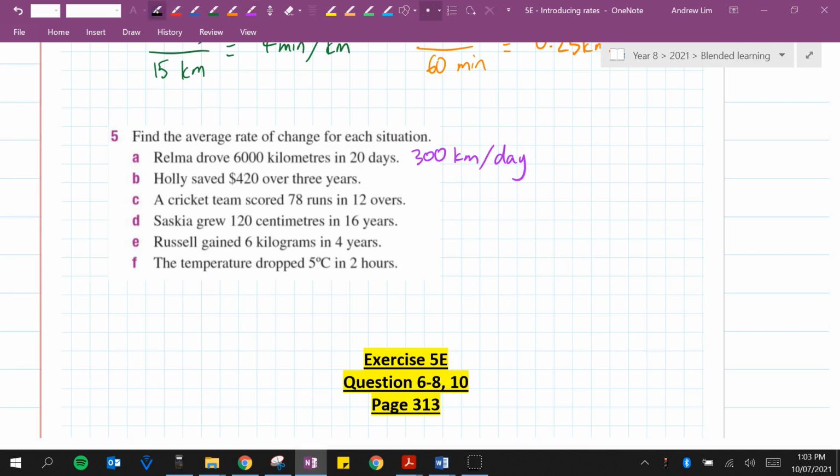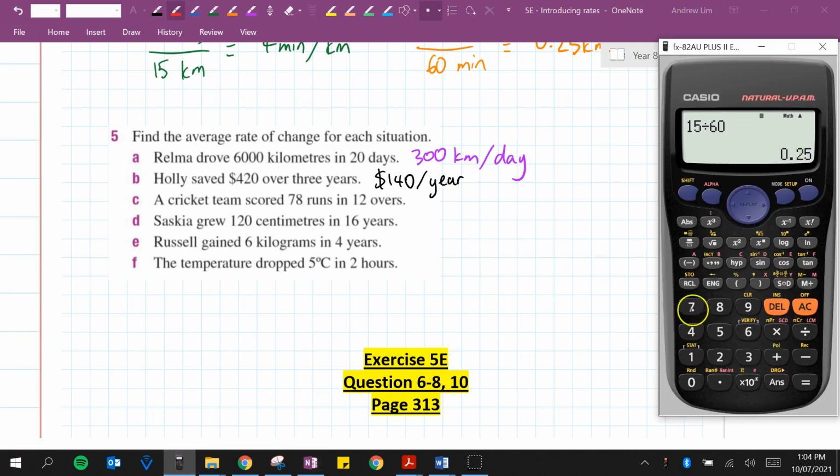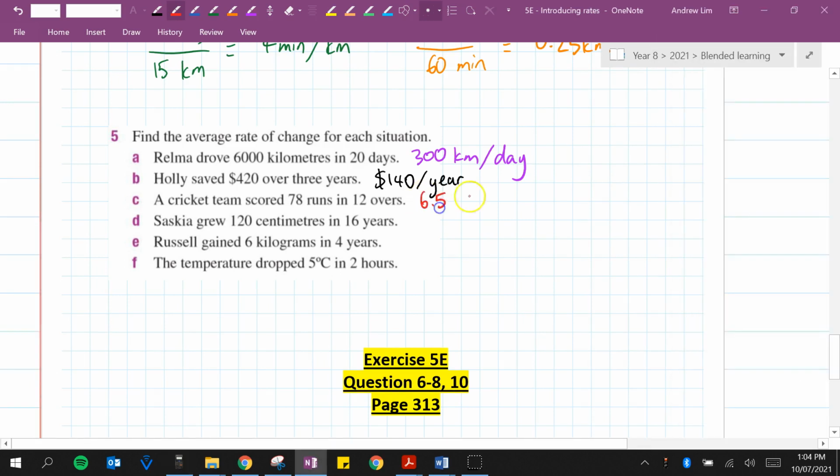Holly saved $420 over 3 years. 420 divided by 3 is $140 per year. A cricket team scores 78 runs in 12 overs. 78 divided by 12 is 6.5. So we've got 6.5 runs per over.